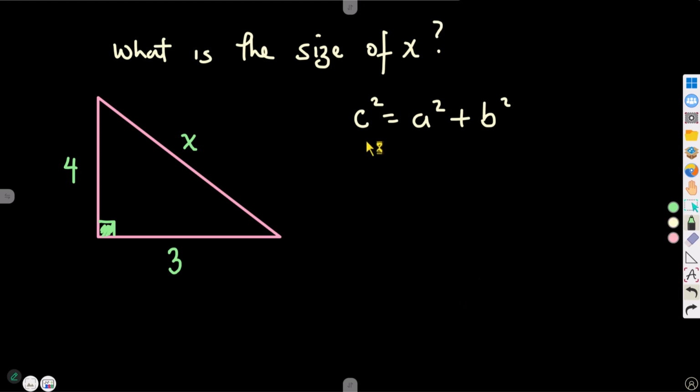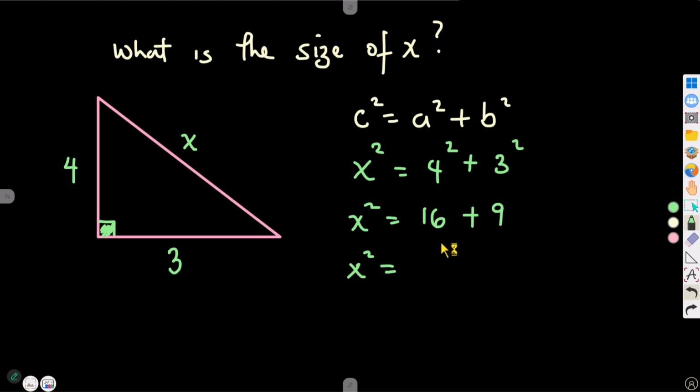C here is x, and A squared is 4 squared, add B, which is 3 squared. So x squared is 16 plus 9, which is 25. And if you want to pull that out, x will be the square root of 25, and that's the same thing as 5.